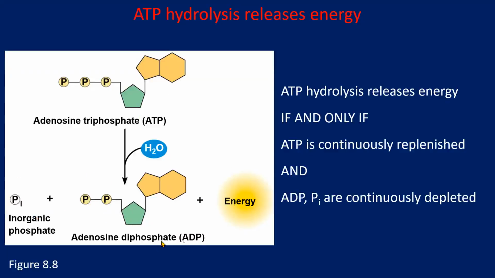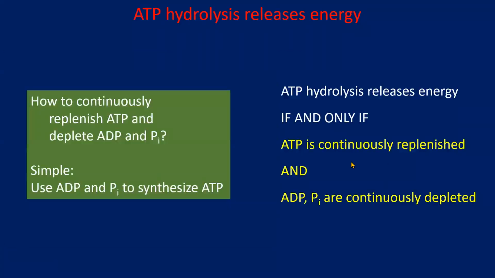ADP and Pi have to be combined again to make ATP. That kind of process always goes on. So the question is, how do we replenish ATP and how do we deplete the ADP? You have to synthesize ATP. That is the main idea.